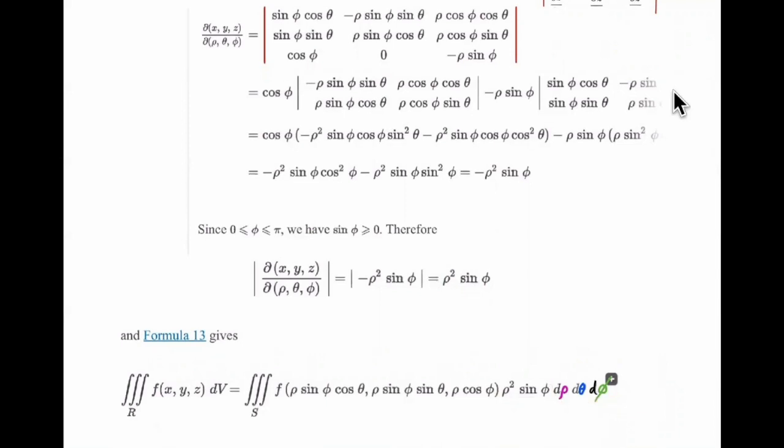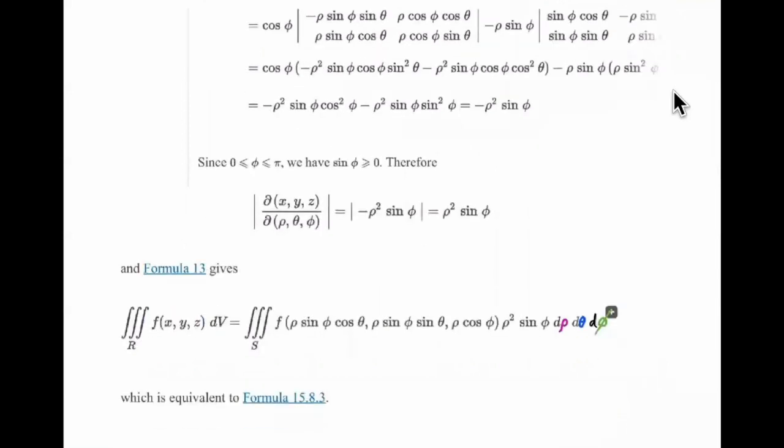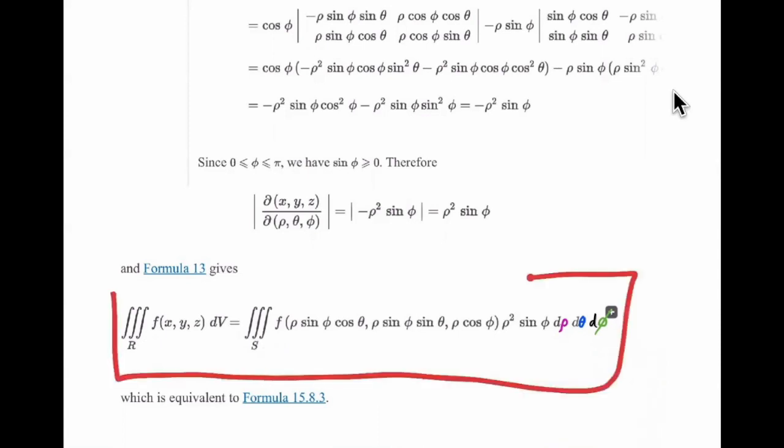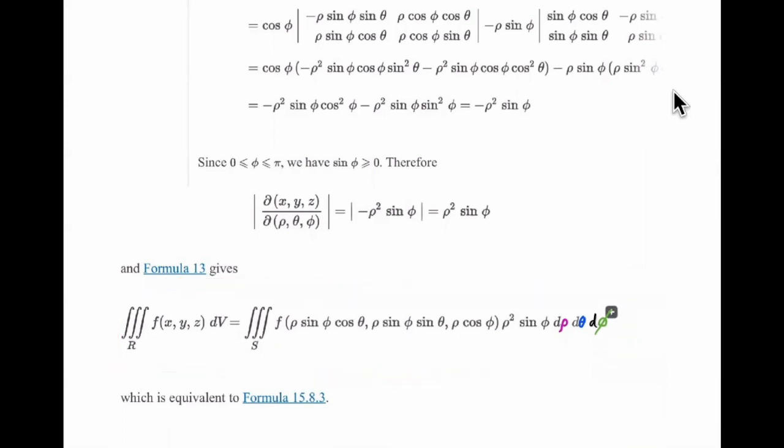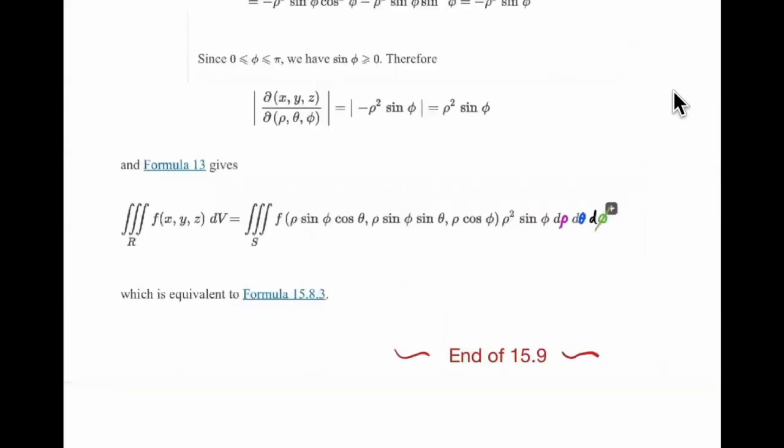As many of you have realized, this is the exact formula when we change from a rectangular coordinate system to the spherical coordinate system for triple integrals. This is the same formula we have used before, right? So this concludes the end of section 15.9.